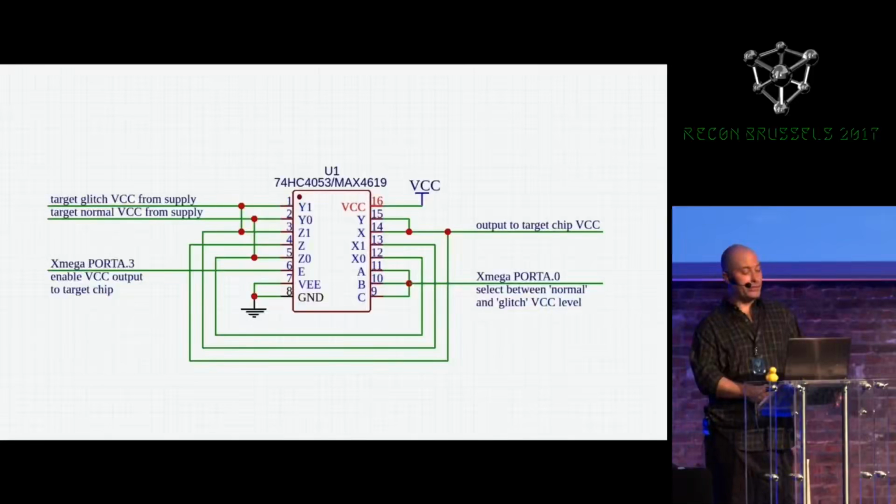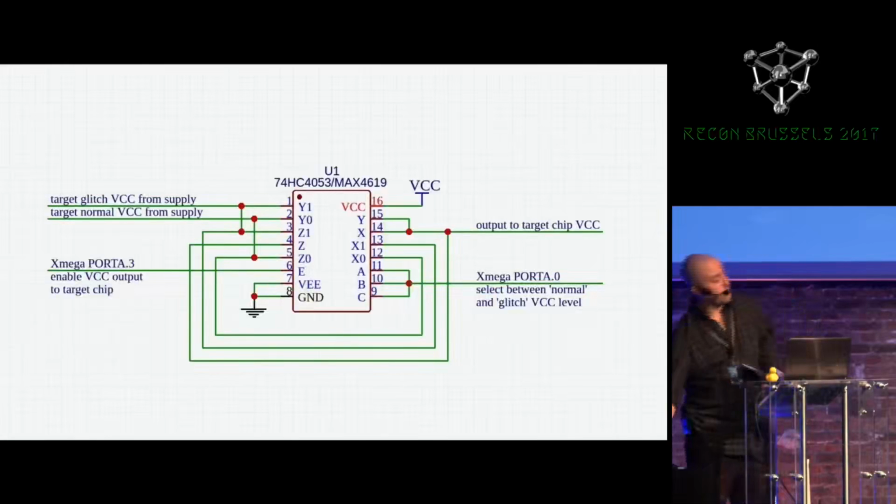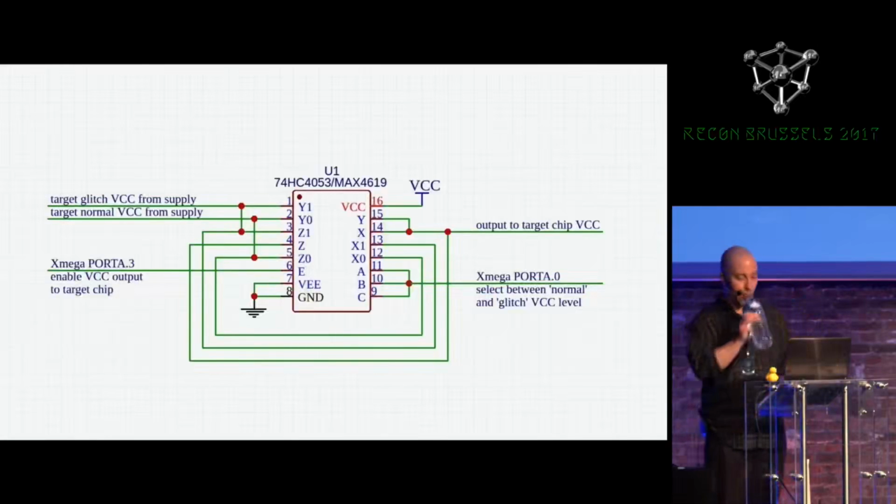So to control this, I just need 2 signals. I'm running these to my Atmel XMega development board that I use. So the enable pin, I run to the XMega port A3, which allows me to enable or disable the output to the chip entirely. And then the control pins A, B, C, I'm running to another XMega port, A0. And this is how I'm going to switch between the normal and the glitch voltage levels.